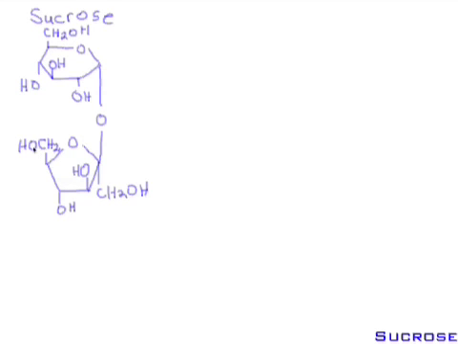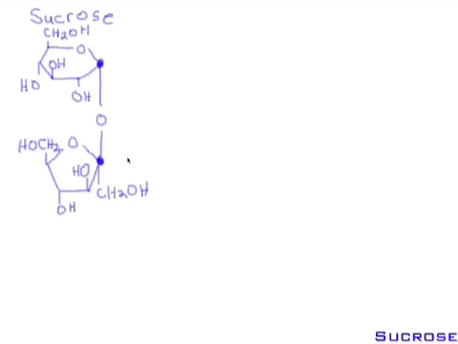Now what this means is we've connected one anomeric carbon to the other anomeric carbon. The anomeric carbon of the glucopyranose is connected to the anomeric carbon of the fructofuranose through a glycosidic linkage.